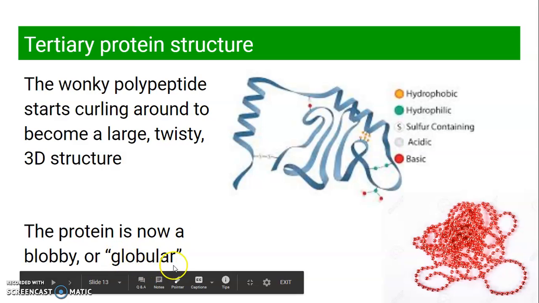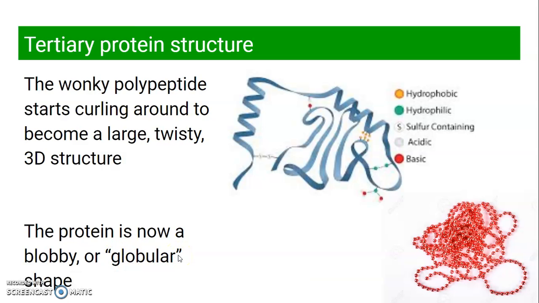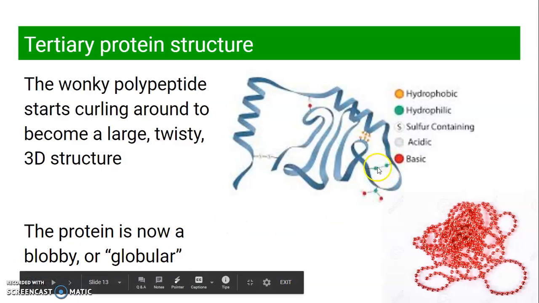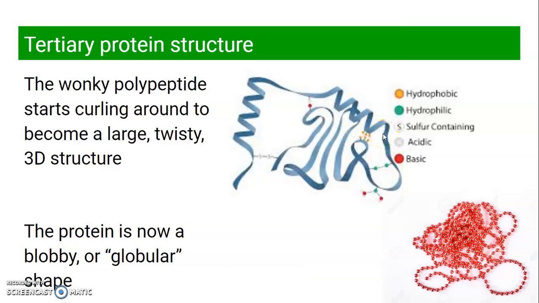So kind of a round blobby structure. And there are all sorts of bonds responsible for pulling all of these together, and you can see some of them represented here. So you've got hydrophobic bonding, you've still got hydrogen bonding, disulfide bridges, etc. So all sorts of things pulling this necklace into a big ball and holding it together in a blob. That's your tertiary protein structure.